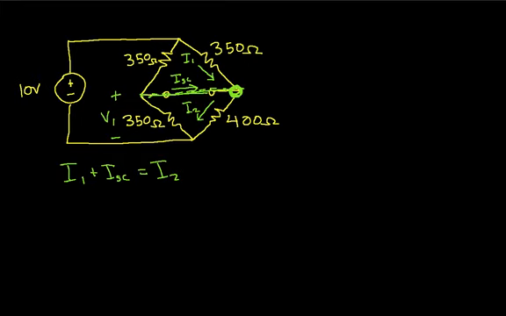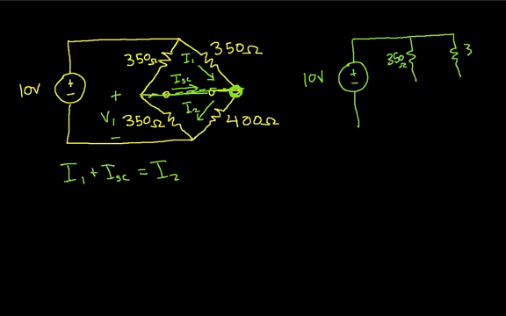So I can redraw this circuit to make it clear what I want to do as follows. I have 10 volts, and I have then a 350 ohm resistor, another 350 ohm resistor. These guys are connected.